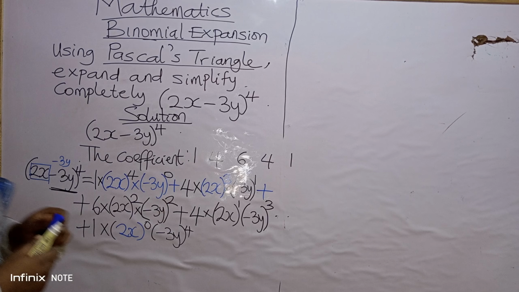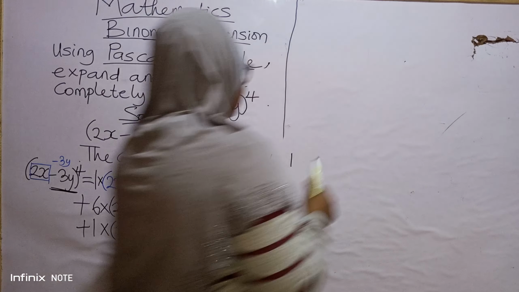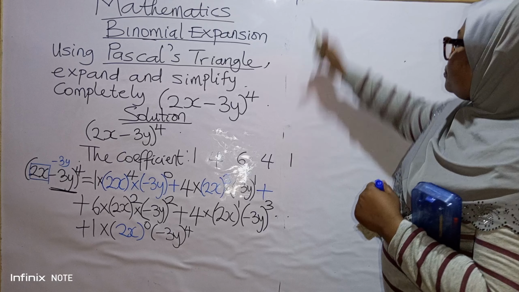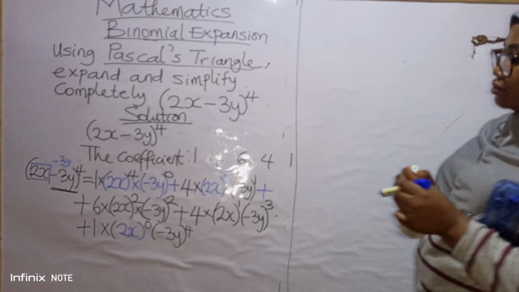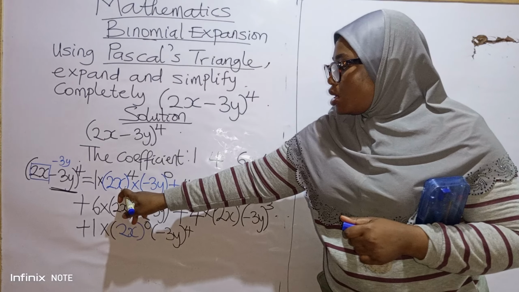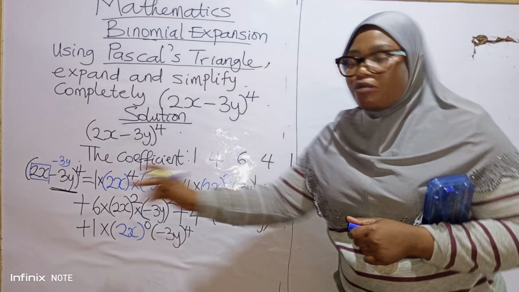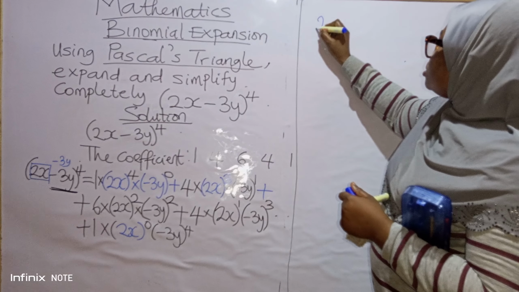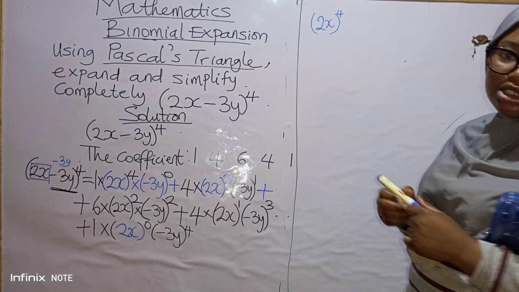So you have to take note of all those things. So the next thing here is for us to simplify. So we have 1 multiplied by (2x) raised to the power of 4. So let's simplify (2x)^4. Let me explain that.